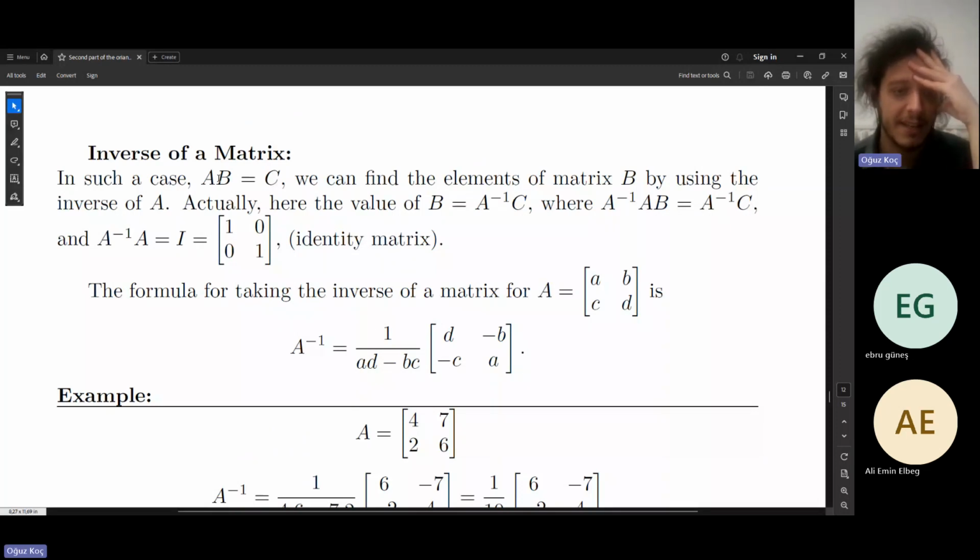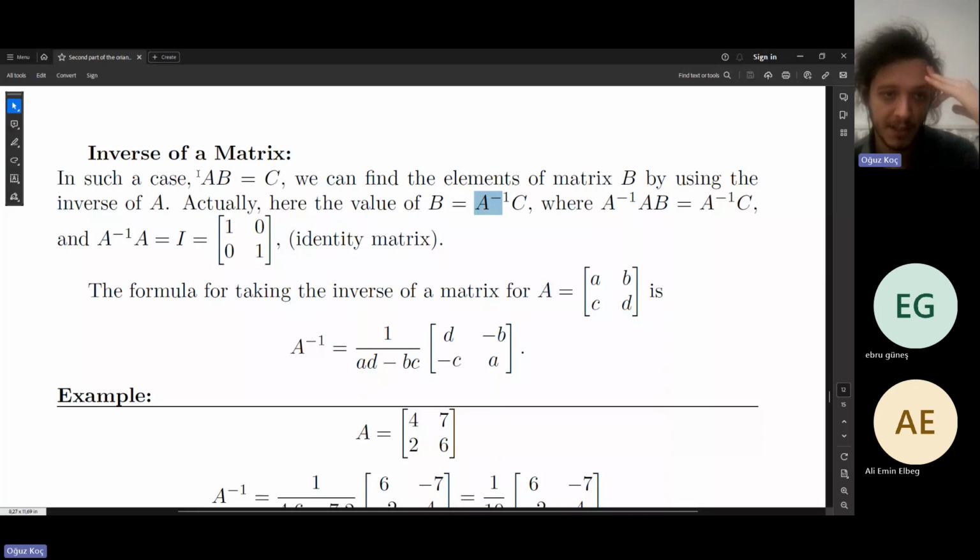In such a case, like A times B equal to C, if you want to find the elements of B, you just need to find the inverse of A, because in this equality we have an additional A. We cannot just simply divide C by A. Therefore, we need to find the inverse of A. In linear algebra calculations, in order to get rid of the A matrix from the left-hand side of the equality, we just need to multiply the left-hand side and right-hand side by the inverse of A from the left.